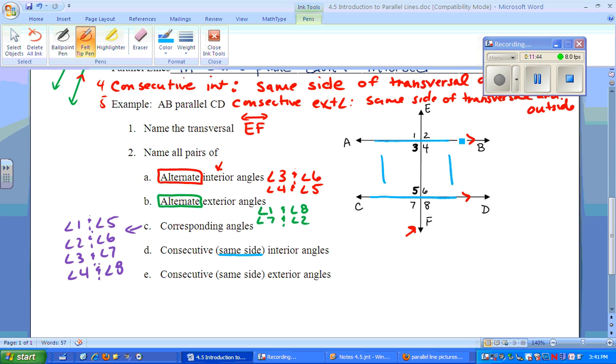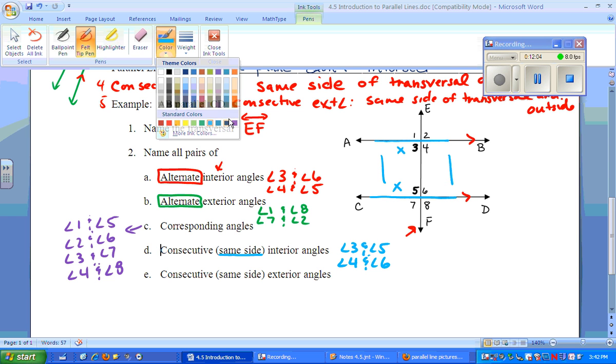So where are we? Okay, we're trapped inside, interior, but we need same side. So 3, its inside partner would be 5. And then over here, we have 4 and 6.